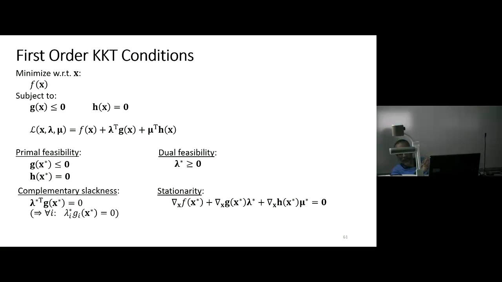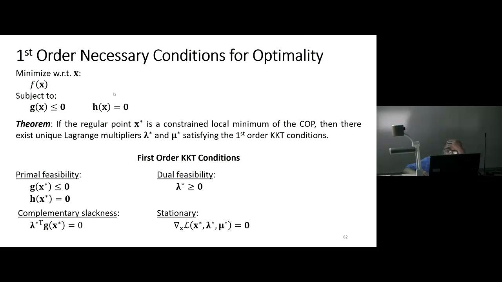Now the derivative of the Lagrangian is equal to 0. These are necessary conditions, just as in the unconstrained case. In the unconstrained case, primal and dual feasibility and complementary slackness wouldn't exist. The first derivative equal to 0 is a necessary condition for optimality, but it's not always sufficient.